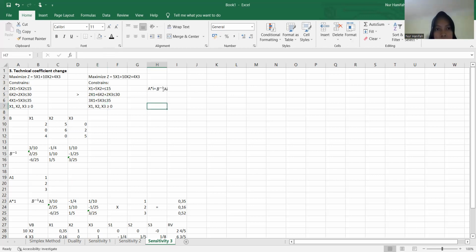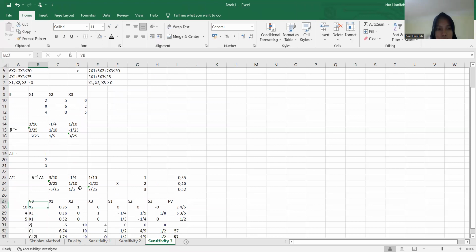We can look for A star i equal to B inverse times Ai. So this is the matrix. Because the Ai is equal to 1, 2, 3, this is the coefficient of the new constraint. We are looking for A star 1, which is equal to the inverse of B times A1.